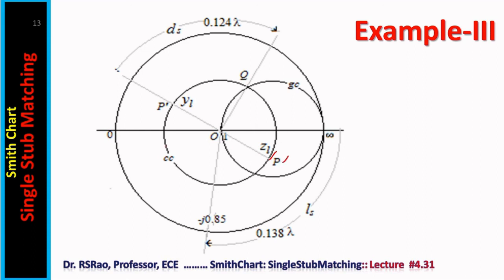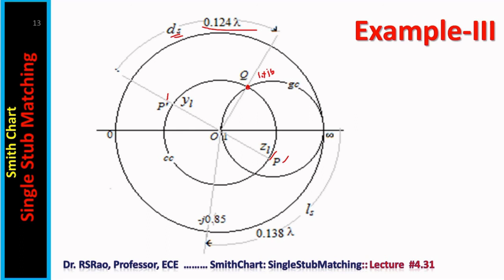Through P, draw the SWR circle. Over the SWR circle, directly opposite to P, locate P prime. From P prime, move clockwise over the SWR circle until point Q is reached. The distance moved from P prime to Q gives ds. In the present case, it turns out to be 0.124 lambda. Q is over the upper half of the chart, so its coordinates must be 1 plus jB.